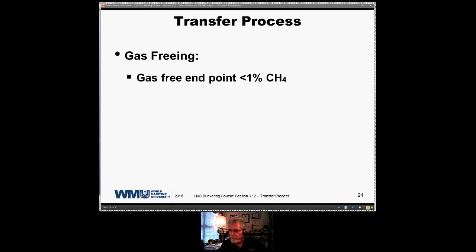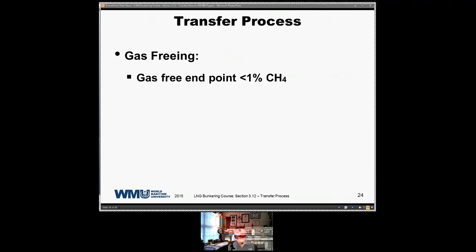If we are in fact conducting this gas freeing operation, the end point of that is we're going to test this with one of the ship's gas meters, and we want to see a gas concentration of less than 1% methane by volume. Even though the LEL of methane is 5%, we have a safety factor in there that's pretty internationally adopted.